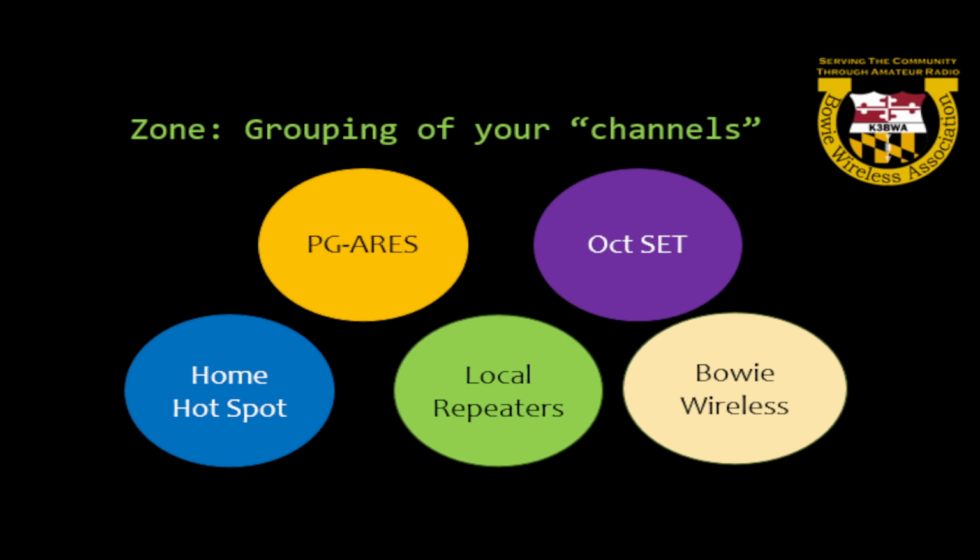And then the final area I have is for Bowie Wireless. This is a talk group I have for the Bowie Wireless Association. This is a simplex frequency that we've agreed upon to talk with. There's a local analog repeater that we've agreed to use. And also we're having conversations as a group about some UHF and VHF simplex frequencies that we can use for DMR. DMR, like analog, you can go point to point.